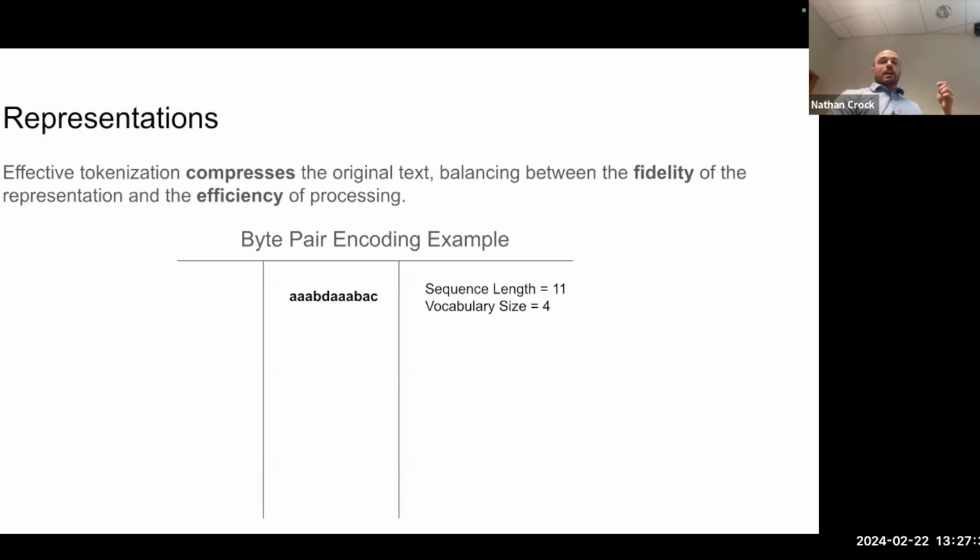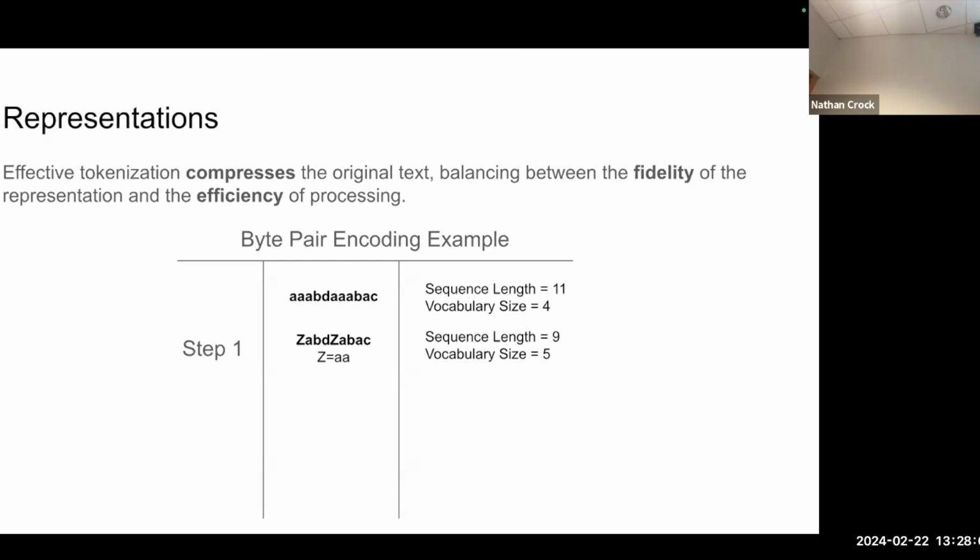Well, it says, I'm going to go through this entire sequence and find the most frequent co-occurring pair of tokens. The idea is that since they occur so frequently, maybe we don't need a whole lot of information to represent them, right? Just information encoding theory. So you identify that the most commonly occurring pair, starting from left to right, there's a couple that tie, is A's, right?